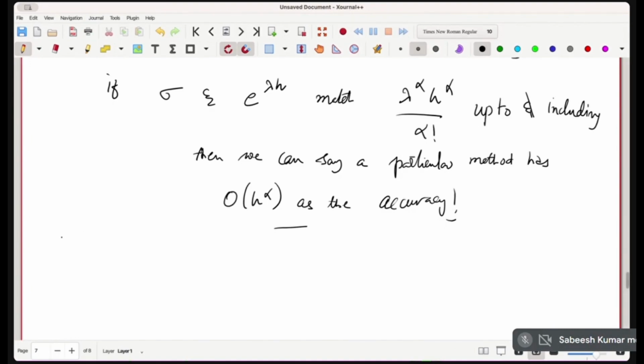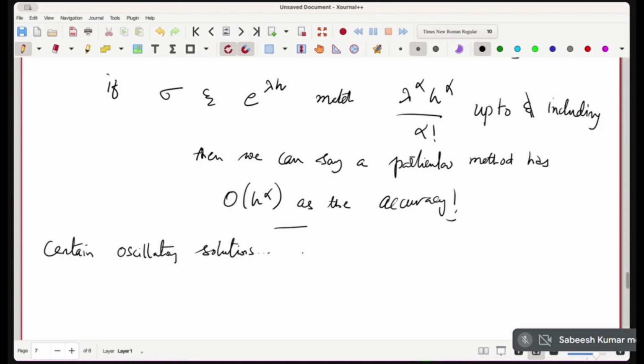Okay, so there are certain problems for which there are oscillatory solutions. For example, if you take a spring mass system, then the solution is going to be oscillatory. Similarly, if you take a vibrating string or something, the solution is going to be oscillatory.